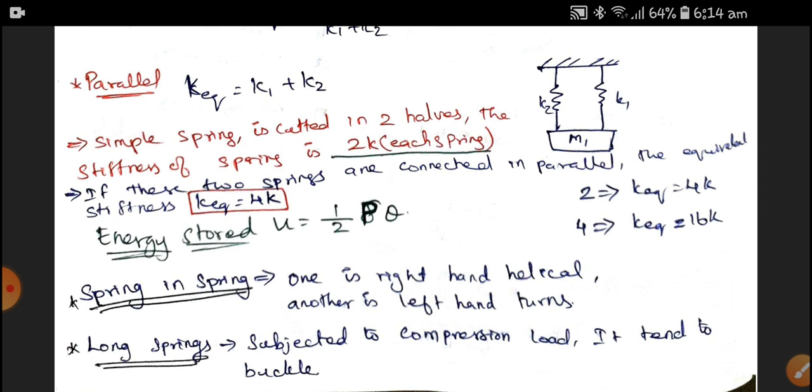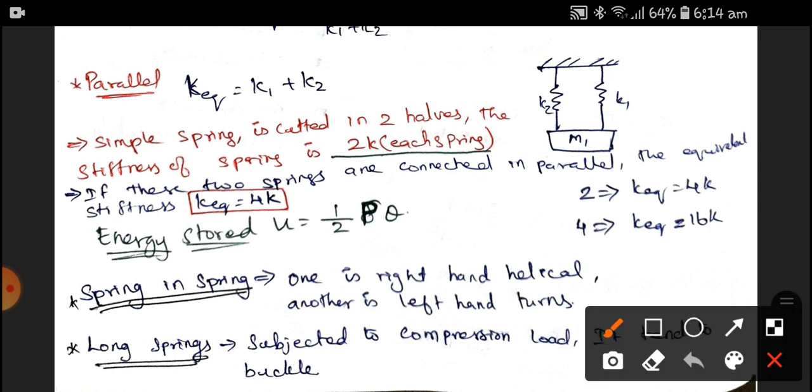If the cut springs are placed as parallel springs, then the stiffness becomes 4 times. And the strain energy stored is half into load into delta, where theta is the angle of deviation.